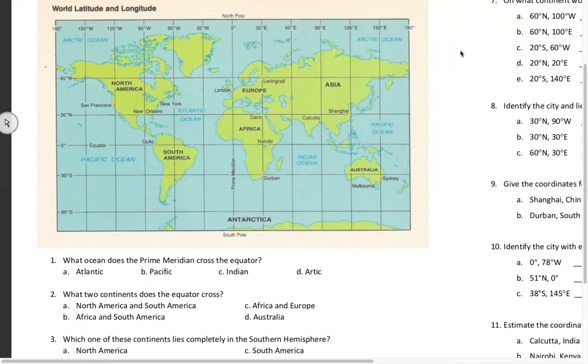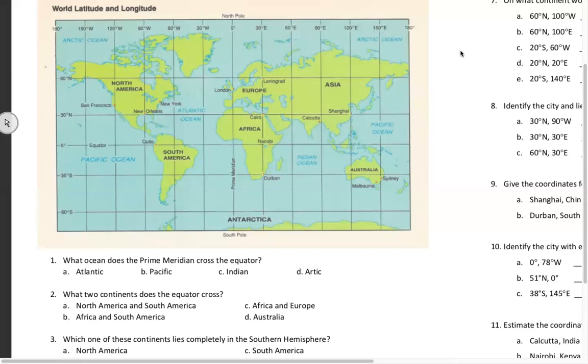So Louis, the prime meridian's right here, it's labeled. The equator is right here, it's labeled. The equator is at 0 degrees, and the prime meridian is also at 0 degrees. So that's like my origin of a coordinate plane, right? And that's right here. What ocean is this?